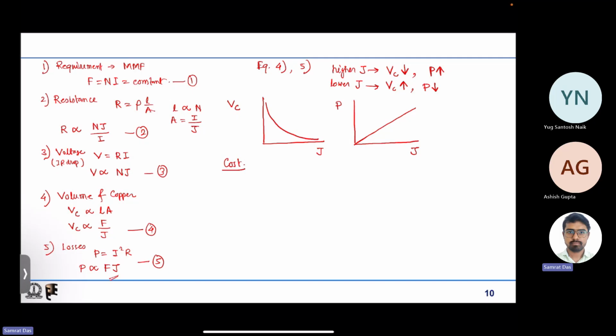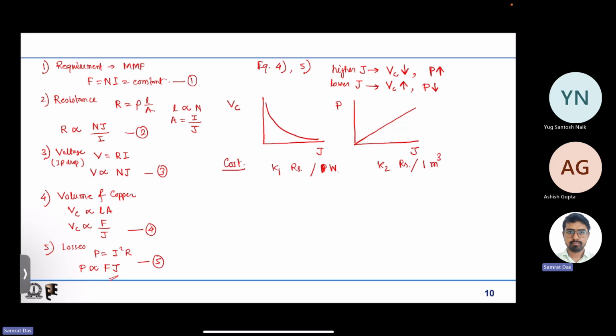Say we require K1 rupees per watt loss, and K2, let's say, is the rupees for 1 meter cube of copper.